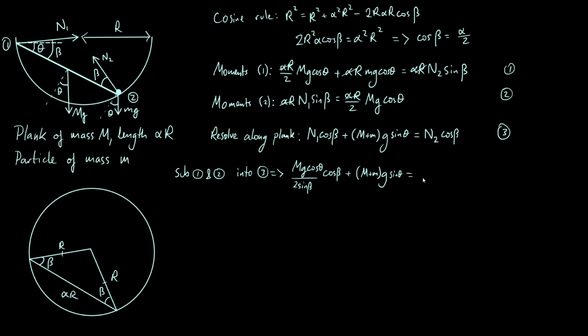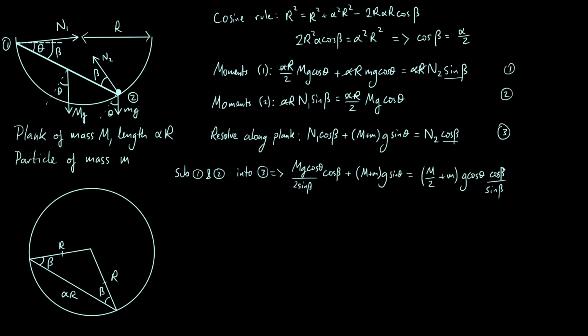And so we can write n2 as big M over 2 plus small m times g cos theta, okay, and then we have to divide by this sine beta, and then we also have to multiply by this cos beta. So basically what we get is a cos beta divided by sine beta.